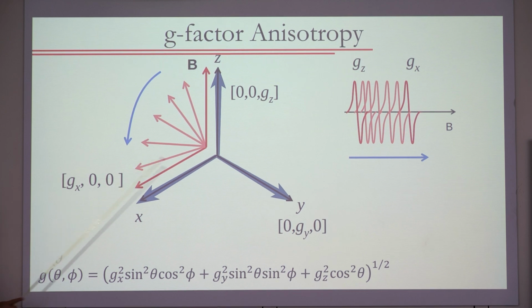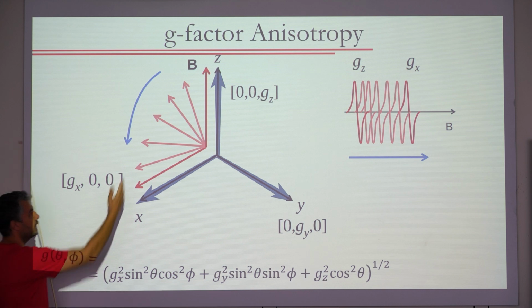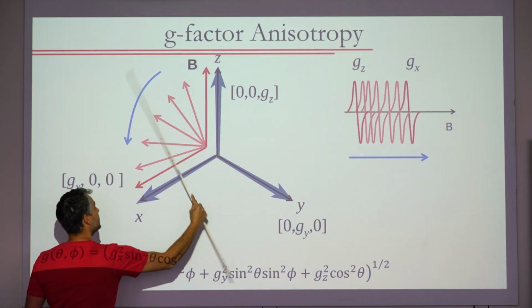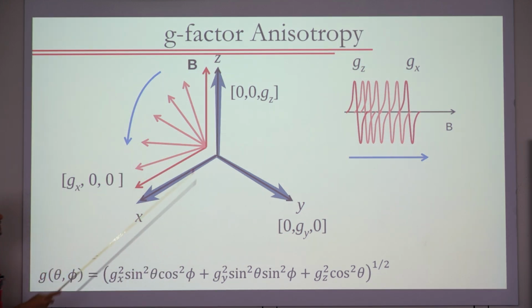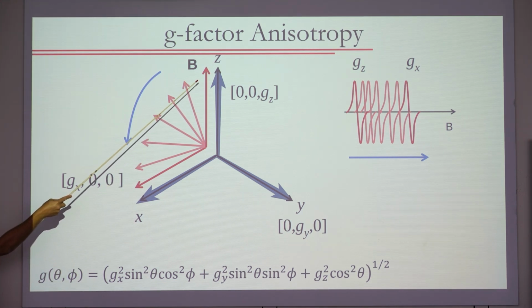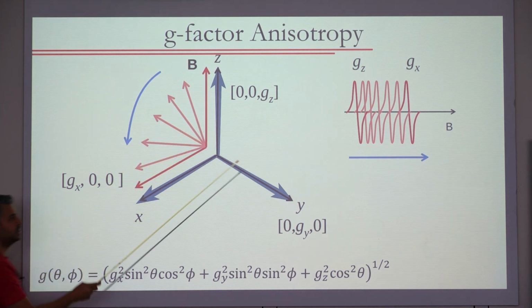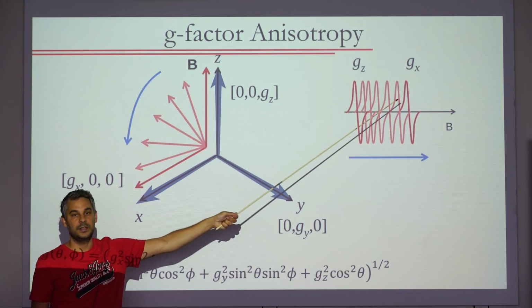So then these blue things would be the G tensor, or G matrix, of a molecule, and we have magnetic fields oriented in all directions. So like this, like this, like this. If we sweep the magnetic field from the Z direction to the X direction, we assume that the GZ value is higher than the GX value.